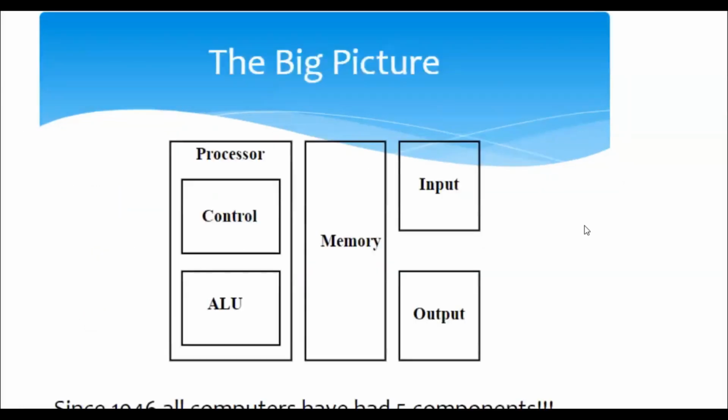So the figure shows the big picture, which has a processor, the input, the control, the memory, the arithmetic logic unit, the output. Okay, so since 1946, all computers have had 5 components.